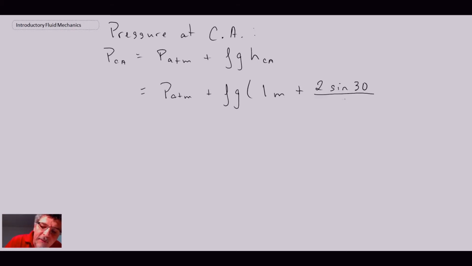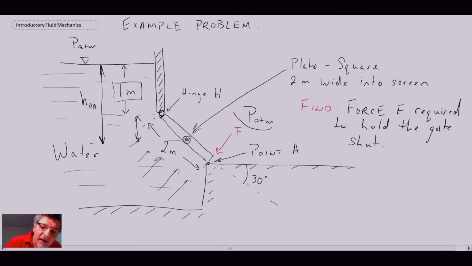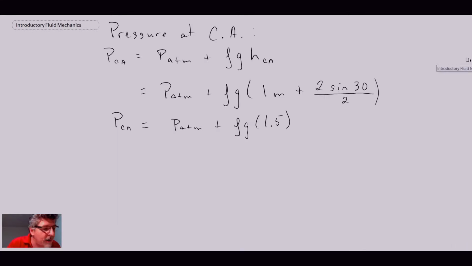I'll divide by 2 because we're going to the middle of the plate, and the plate is 2 meters long. So with that, what do we get? We get P_CA, the pressure at the center of area, is P atmosphere plus rho g times 1.5. Now, the thing that we said was that P atmosphere is on the outside of the plate, so the P atmosphere is just going to drop out.